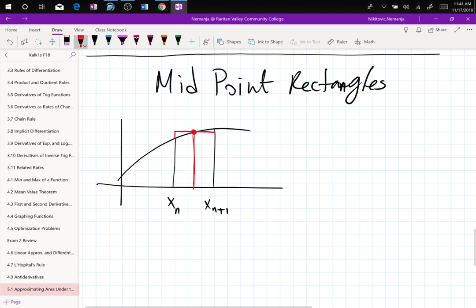But now there is this part of figuring out what the value of this point is, and that's a simple average of xn plus xn+1 divided by 2.